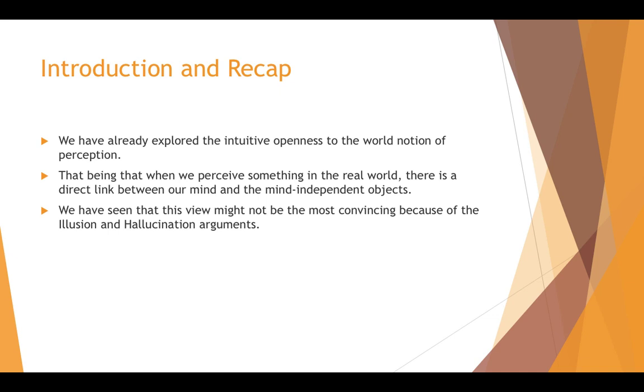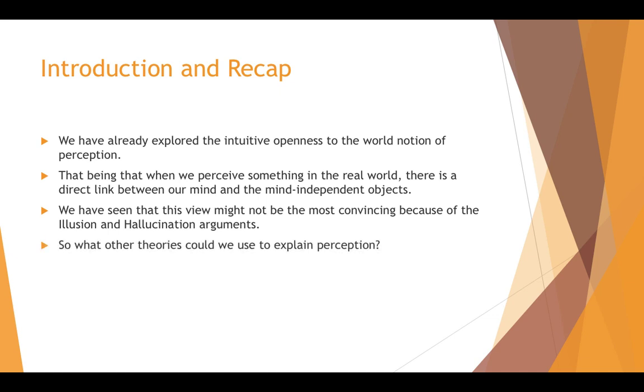We explained those in the last lesson: if we can't distinguish between something real and a hallucination or an illusion, then how can we reliably say there is a connection between a physical object and our mind?